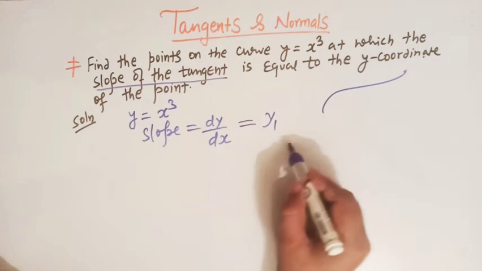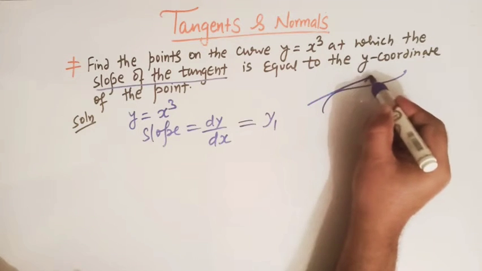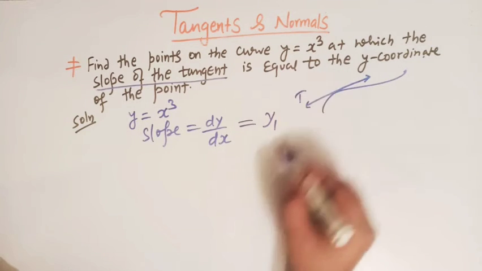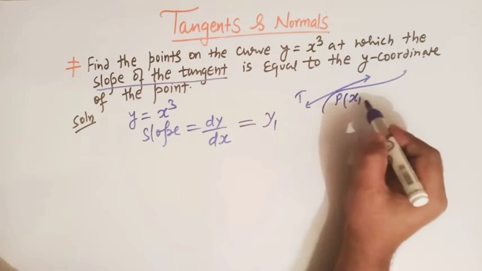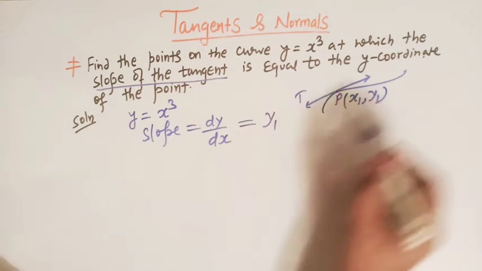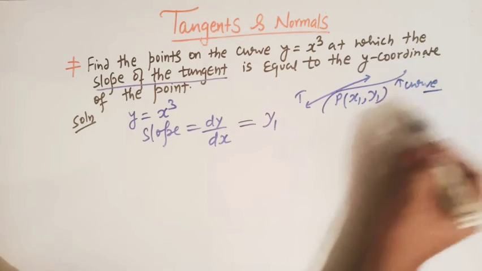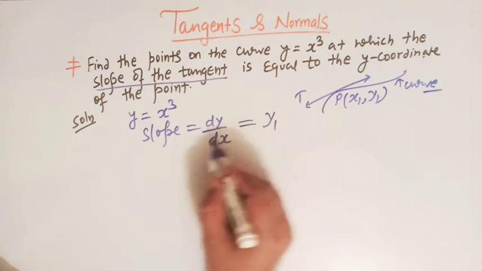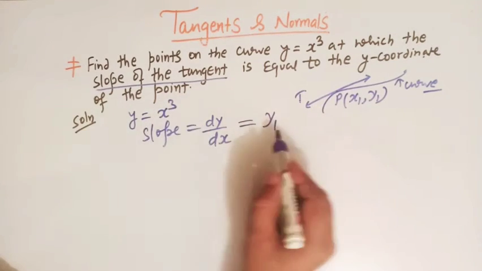So suppose this is the curve, and here we have the tangent. This is the tangent, and at this point suppose the coordinate is (x1, y1), and this is the curve, right? So this is the tangent, slope dy by dx is equal to the y coordinate of the point.